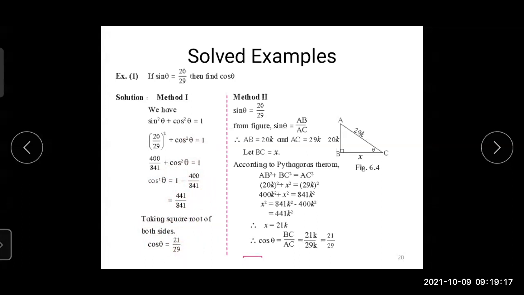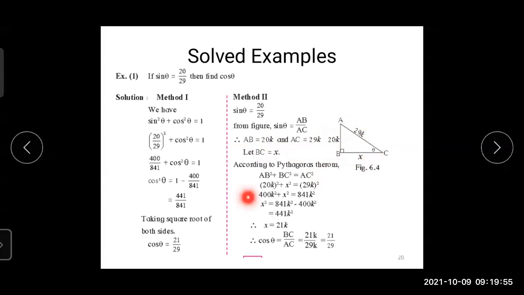The second method: sine theta is equal to 20 upon 29. From this figure, sine theta is equal to AB upon AC, so AB is equal to 20K and AC is equal to 29K. What we have to find is BC, which is X. It is a 90-degree triangle, so according to Pythagoras theorem, AB square plus BC square is equal to AC square.